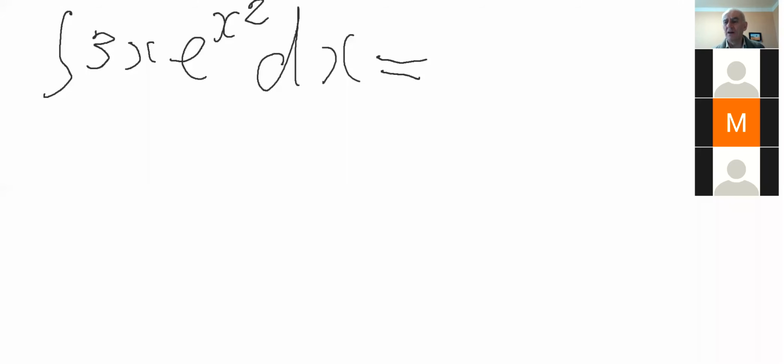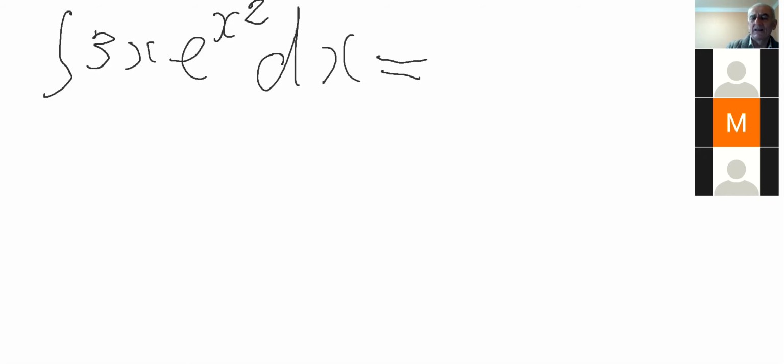So in other words, when we differentiate a power function, let's recall the derivative of a power function: the power decreases.